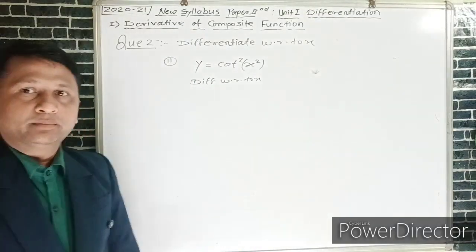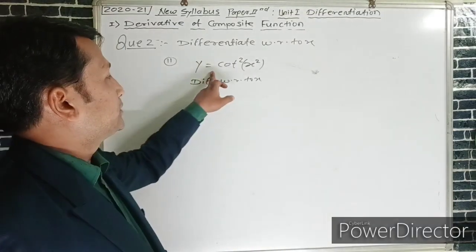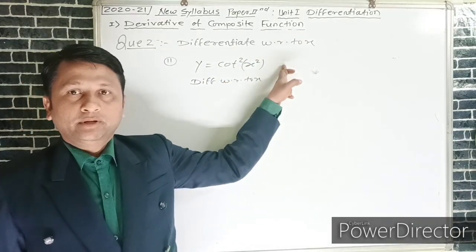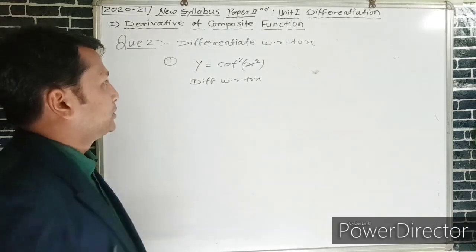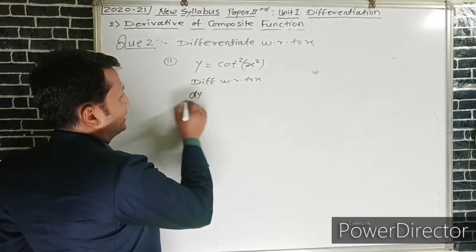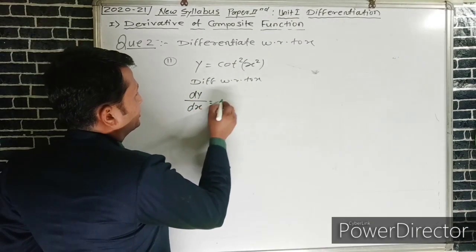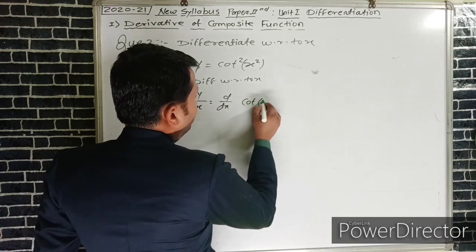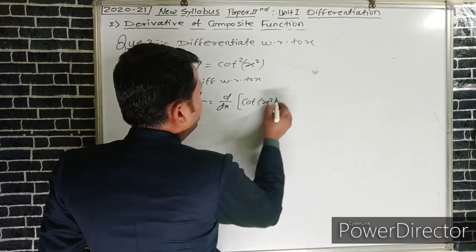Next, example number 2: y is equal to cot square x square. If we differentiate the given function with respect to x, then dy upon dx is equal to the derivative of cot of x square, whole bracket square.